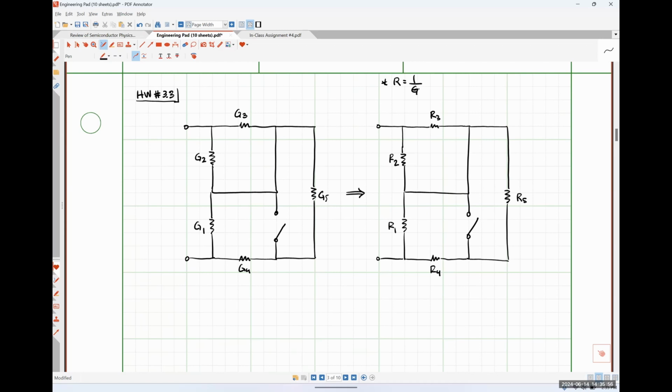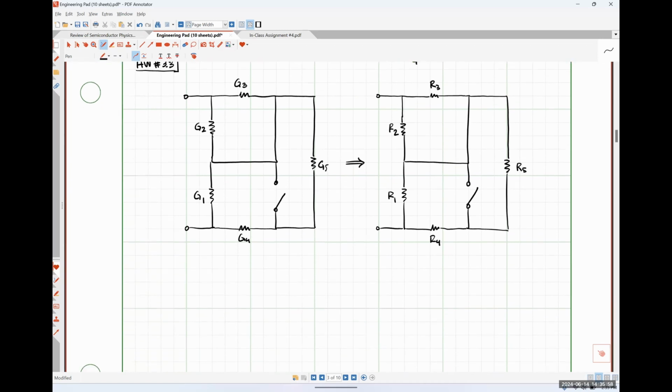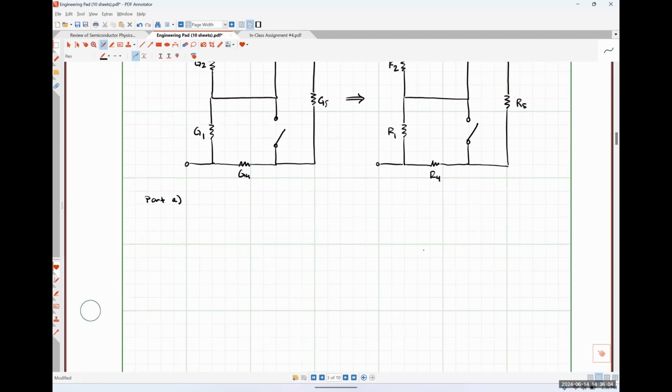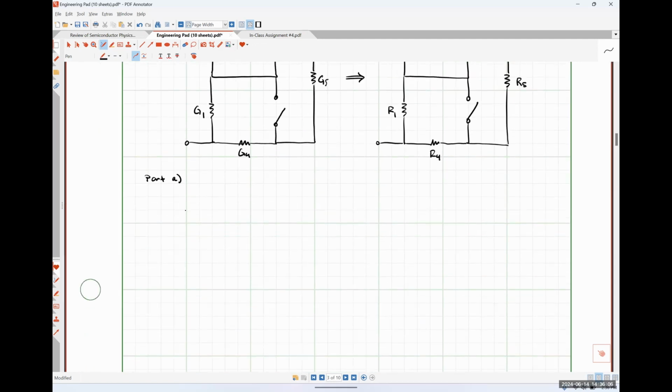So if we were looking at part A, where we are supposed to treat our switch as an open circuit, then the resistance combination problem that we are trying to solve is this one.